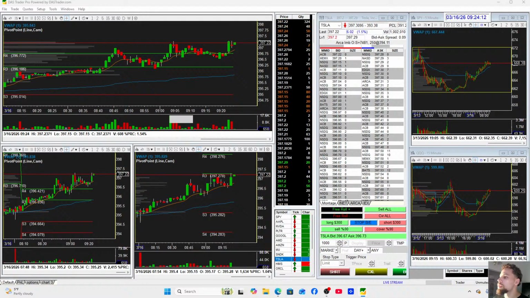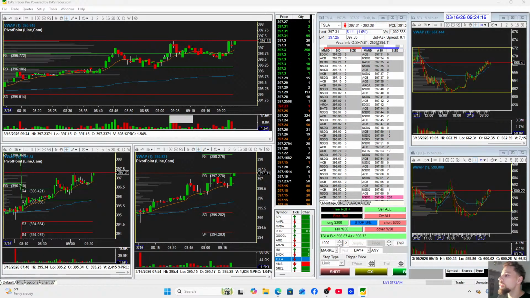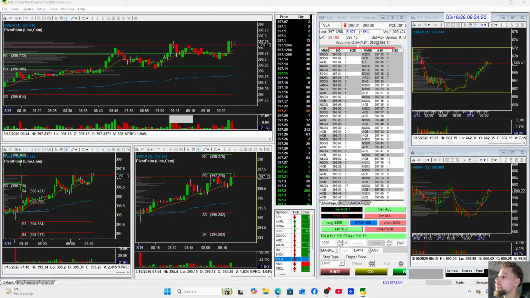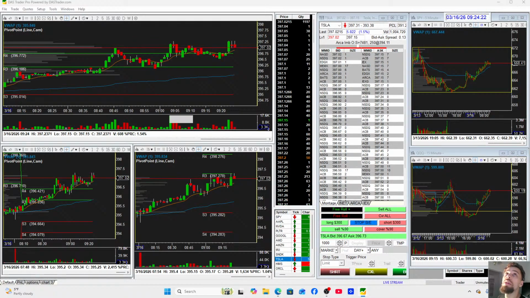Right now I'm just looking at my pivot points on my bigger time frames, seeing if there's any real obvious areas of potential moves here.